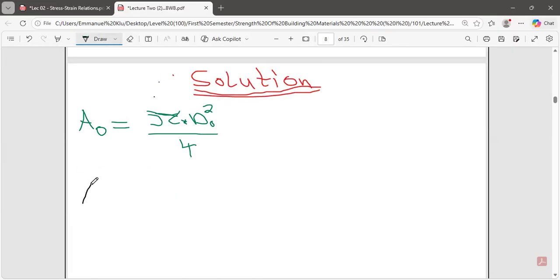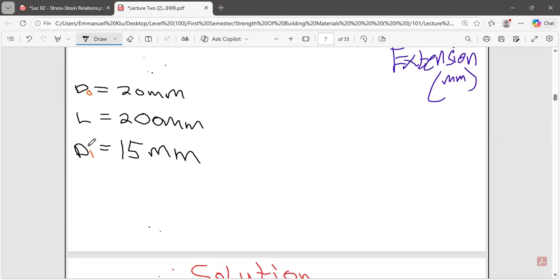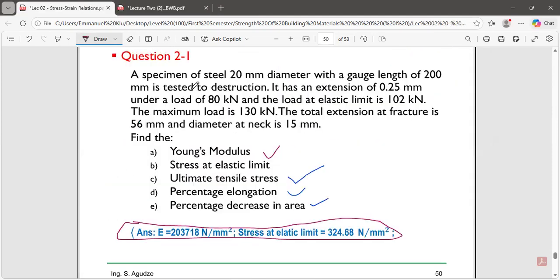That means that our AO, or our original area, is going to be equal to what? 3.142 times the diameter. You realize that all the diameters that were given were given in millimeters, so life was made much easier.